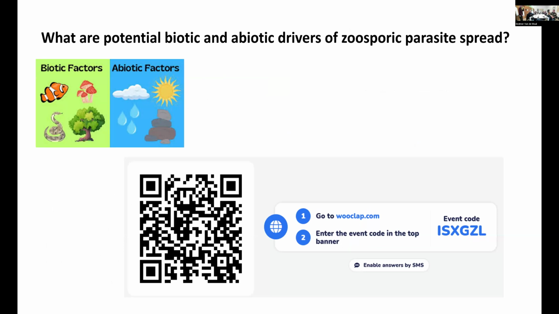Yeah, let's just try whether we can do that. This is a Wooclap. It's like Kahoot. If you take a picture of the QR code, thank you. The only thing now is that I have to get to the other screen.